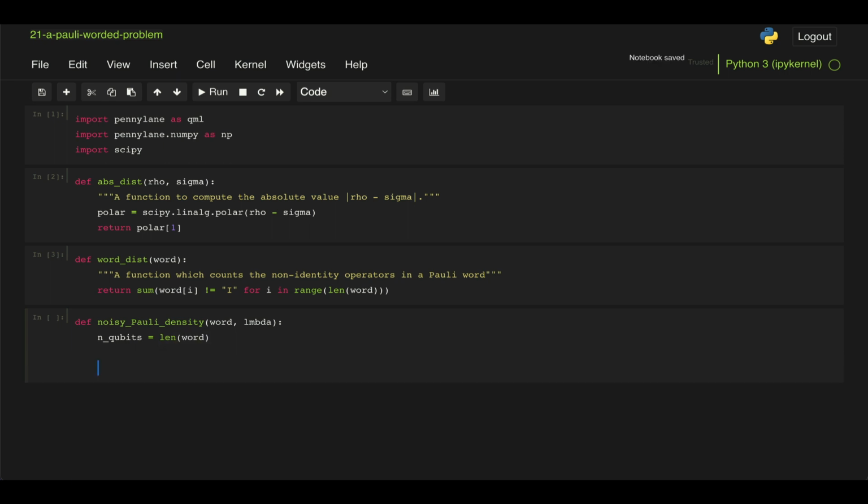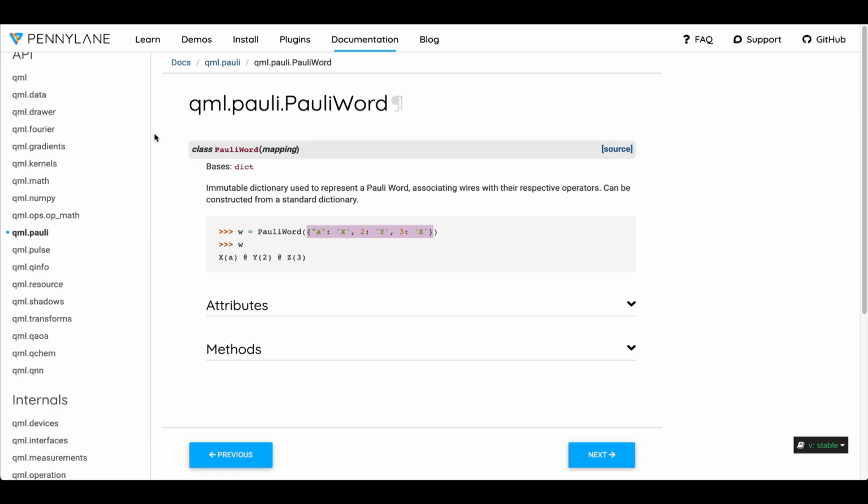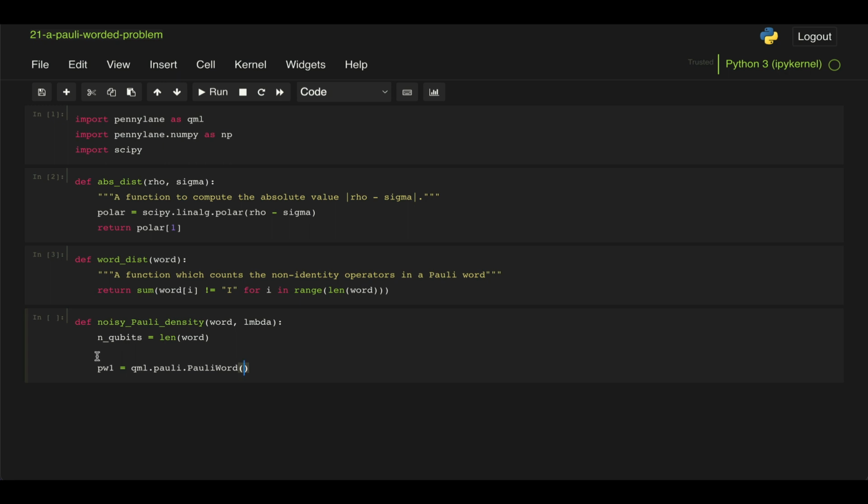And then we're going to make use of this PauliWord function in PennyLane that, as we see here in the documentation, takes in a dictionary with the key representing the qubit and the value representing the Pauli matrix that we want to apply. So before generating this, let's create that dictionary.